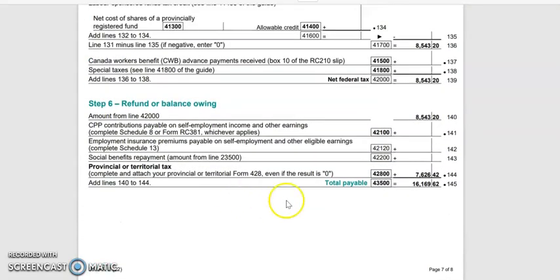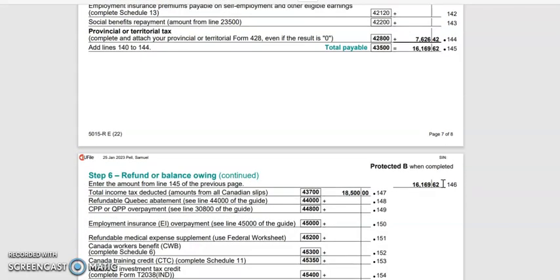So here's your line 42,800, which is your provincial tax amount, the $7,626.42. We add those two amounts together, so our total tax payable is $16,169.62. We carry that down, enter the amount from line 142 at the previous page.